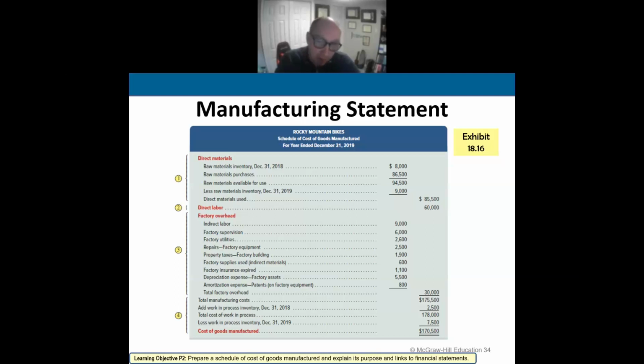Cost of goods manufactured represents everything we've manufactured up to this point, including what is partially completed in work in process.